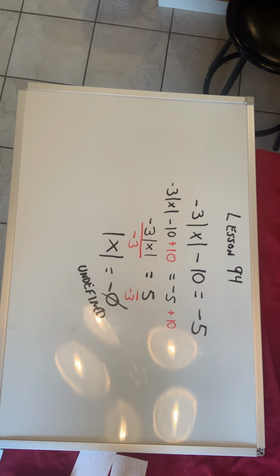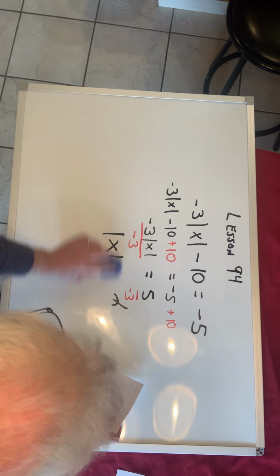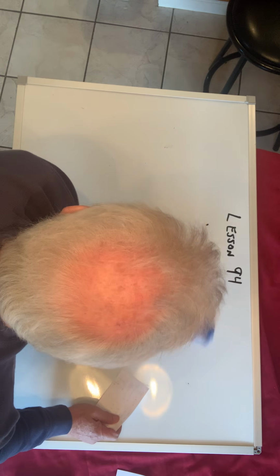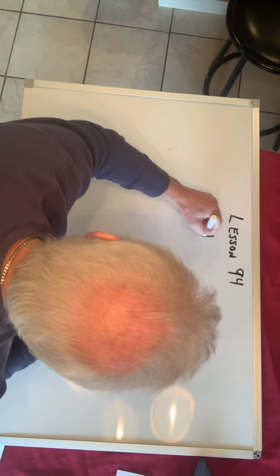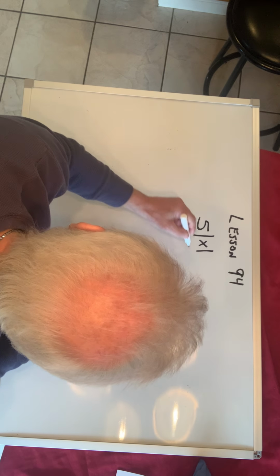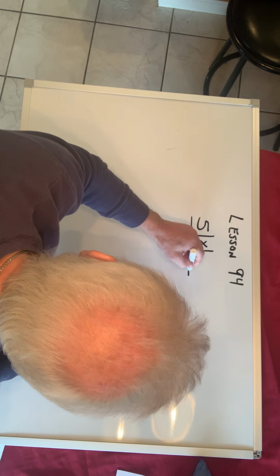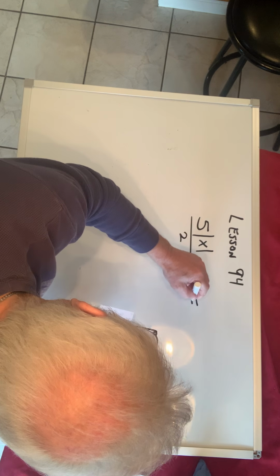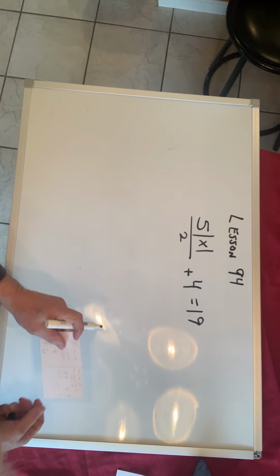Let's try one now for example 2. Okay, so we've got 5 times the absolute value of x over 2 plus 4 equals 19.